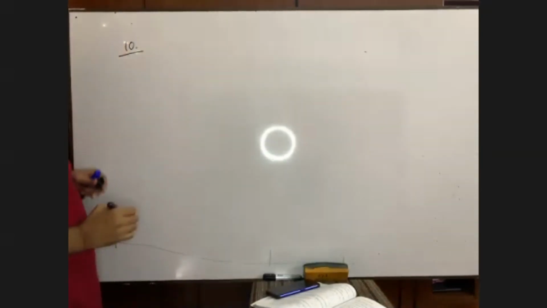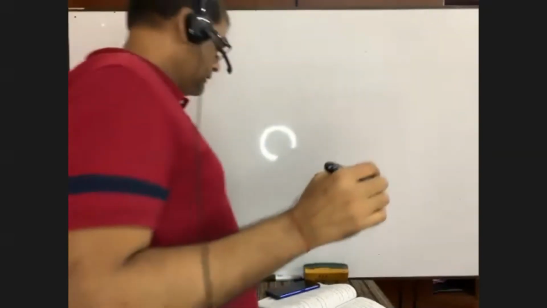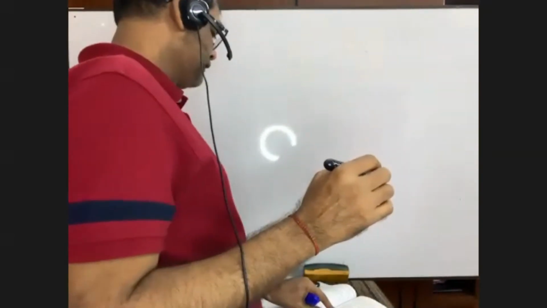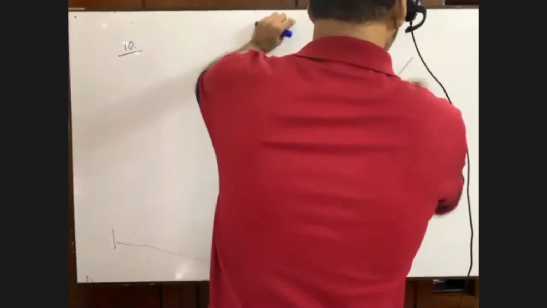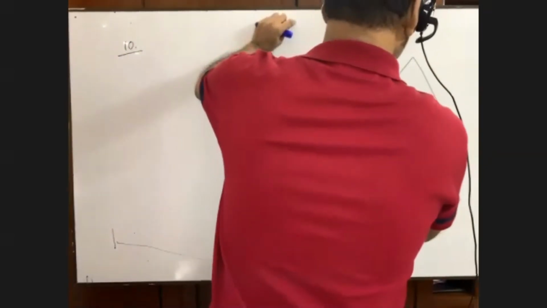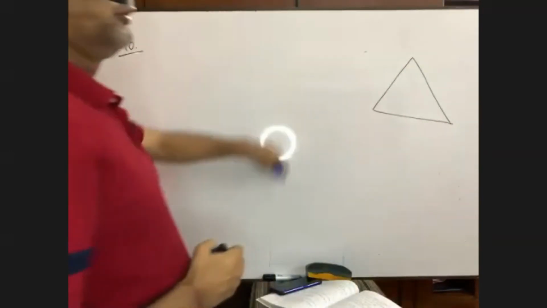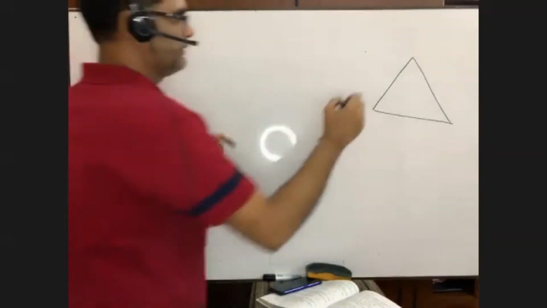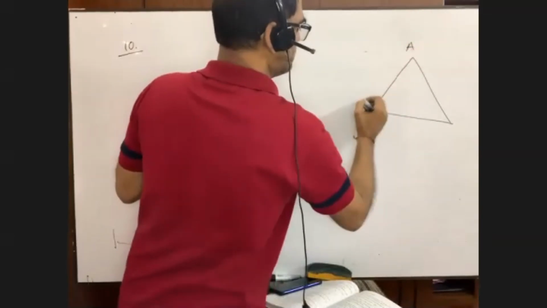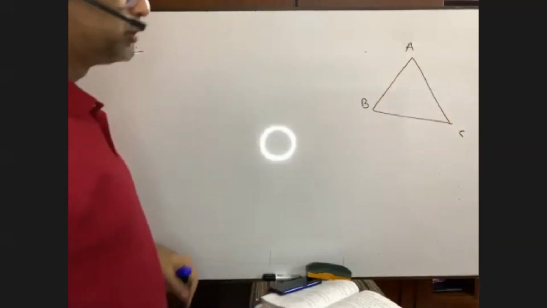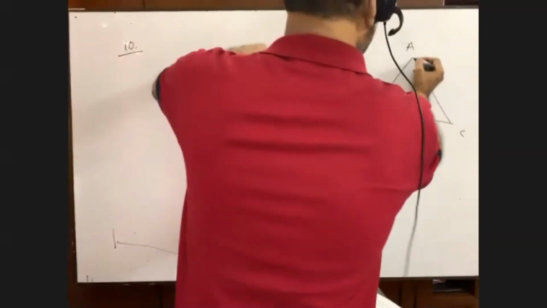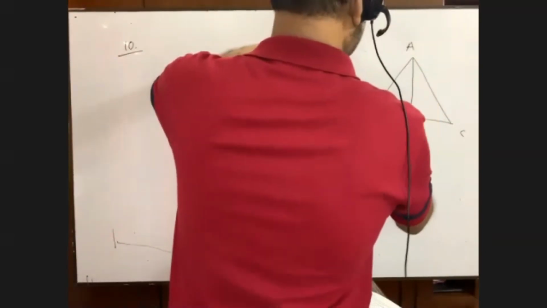Question number 10: the 3 medians of an equilateral triangle. You have to draw an equilateral triangle. This is wholly and fully an equilateral triangle. And you see, it is A, it is B, it is C. And we will draw 3 medians. This is a median.